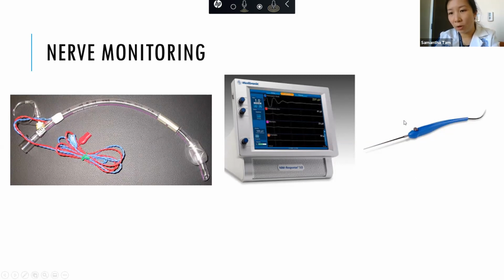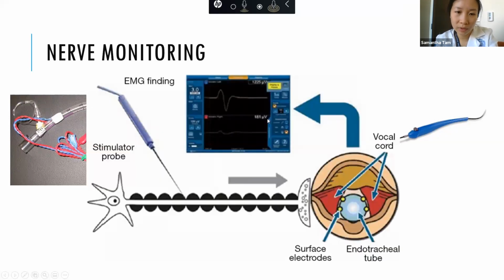We utilize a probe that looks something like this during the time of surgery. So if we see something that looks like the nerve, we can touch it to try to stimulate it to see if that vocal cord is moving, and then we hear a beep on the machine, just like this. So this is a bird's eye view of the vocal folds. We have the tube that's going into the windpipe there.